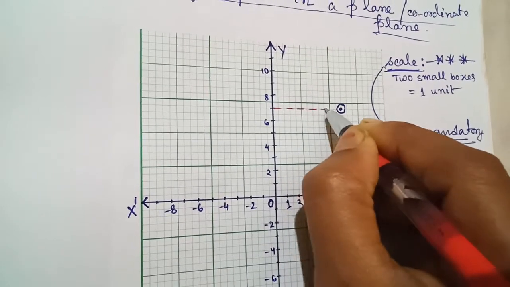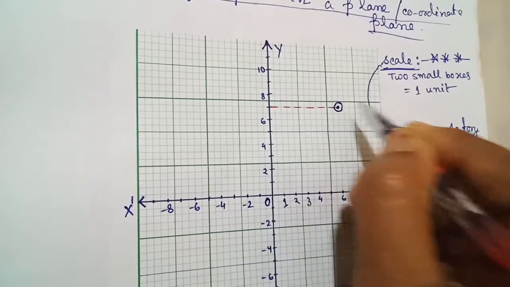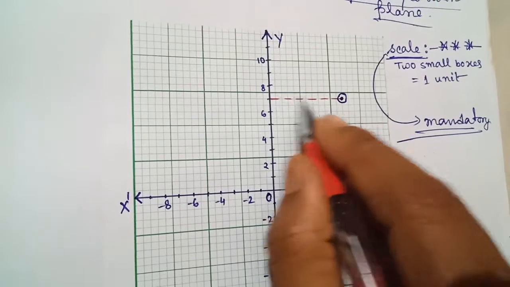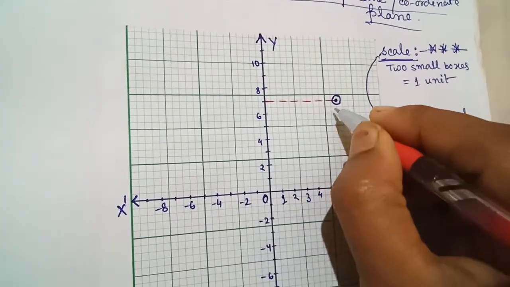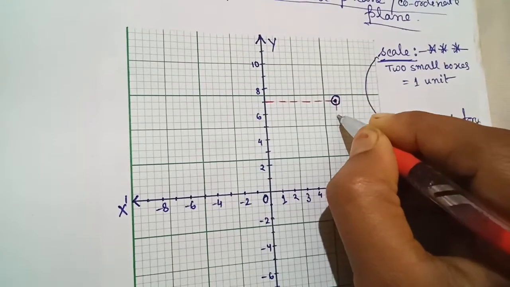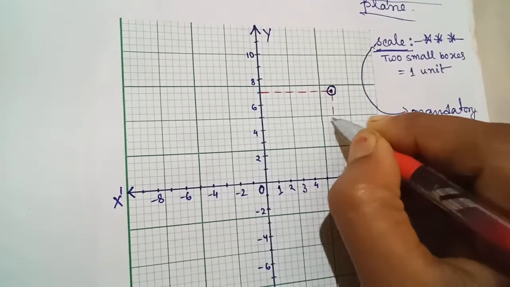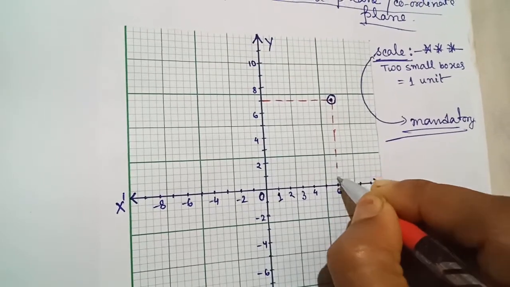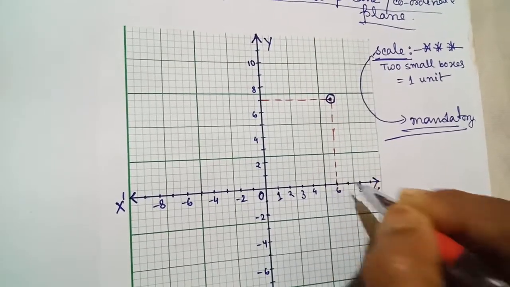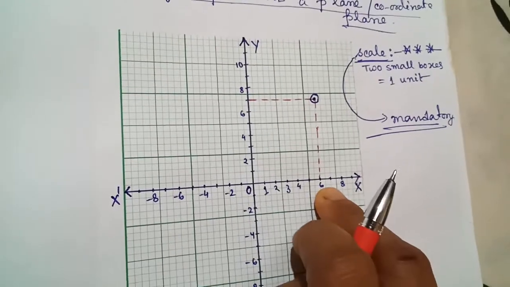This will be the perpendicular distance of the point from y-axis. This will be, and this will be perpendicular distance of the point from x-axis, right?